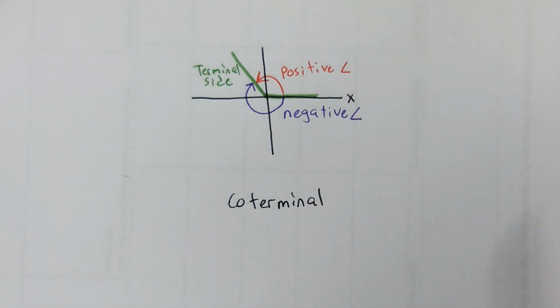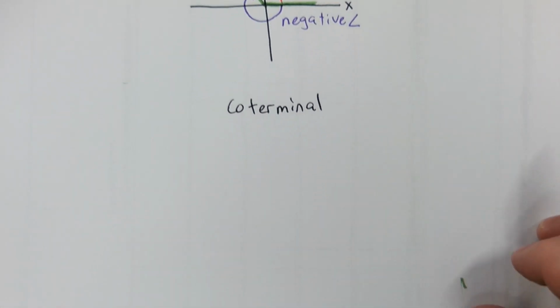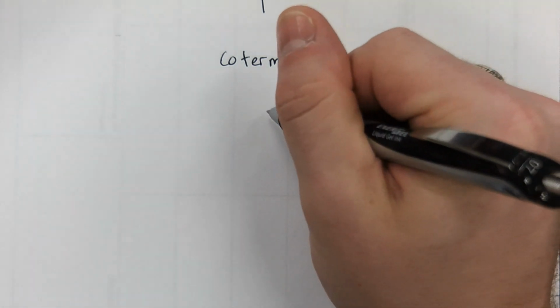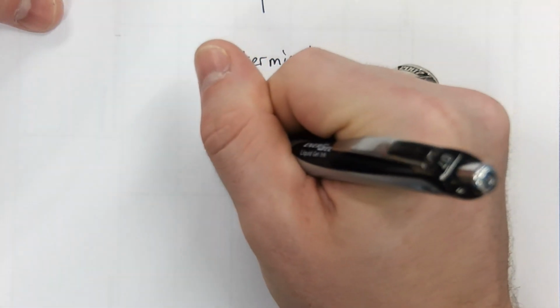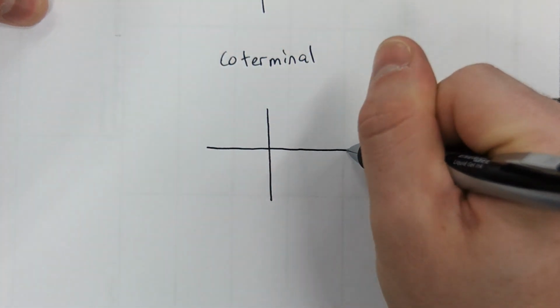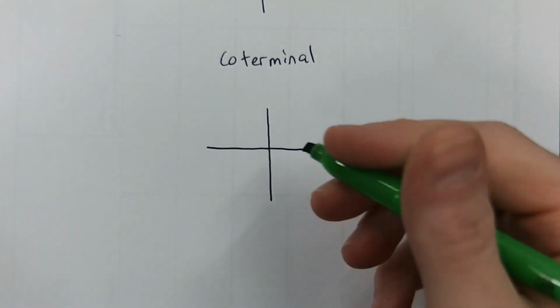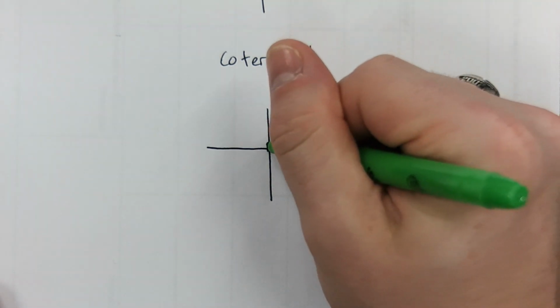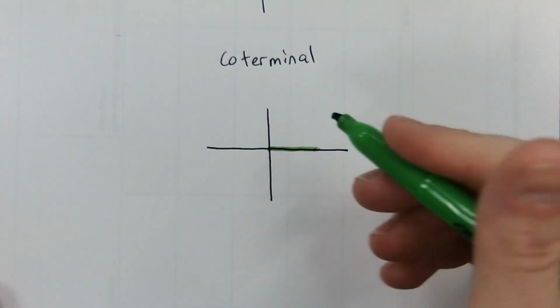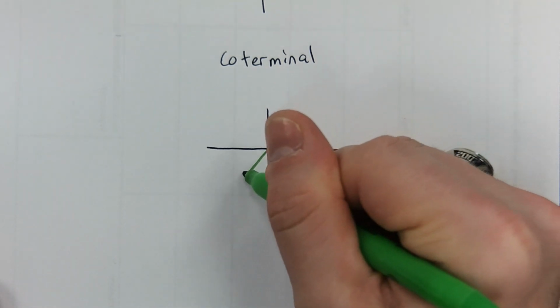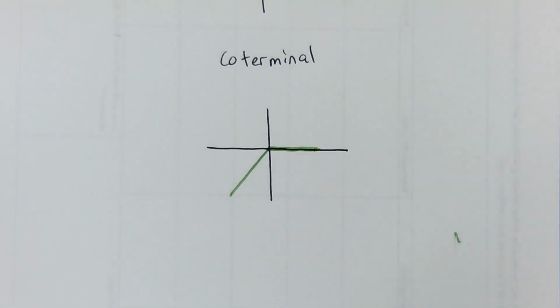For now, let's talk about degrees. If I draw an angle in quadrant 3. Let's just draw one in quadrant 3. Remember, all angles begin at the positive x-axis. I'm going to throw this one in quadrant 3. Picture not drawn to scale because it never is.